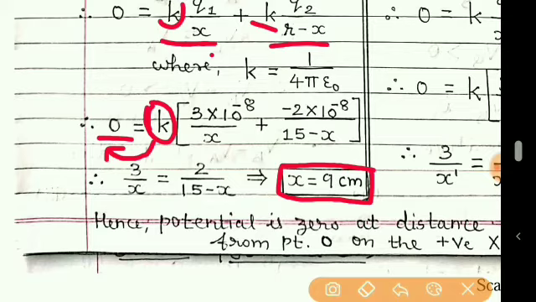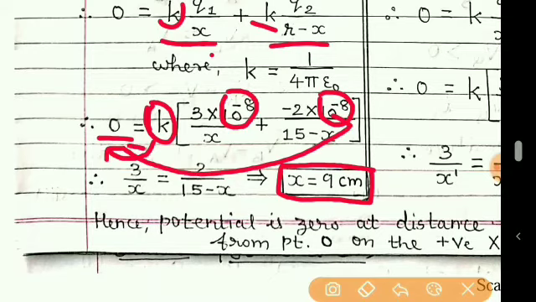Also, 10 raised to minus 8 is there in this term as well as in this term, so that can be taken out common, and again that will become 0 when it is brought on the left hand side.